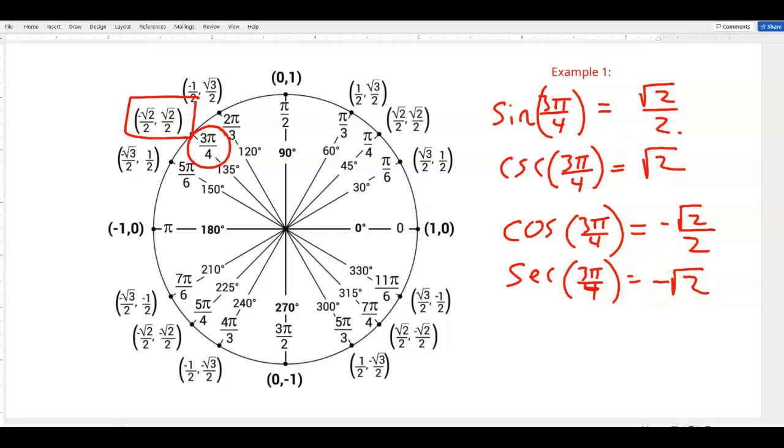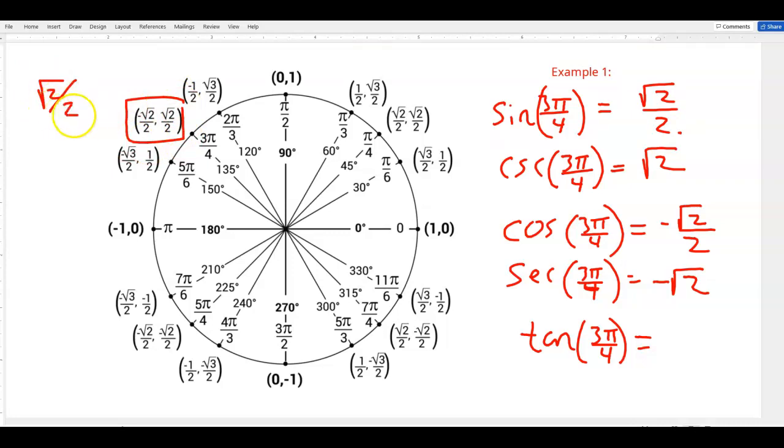Let's go ahead and do tangent. All right. Tangent is y over x. So what's my y value? Well, the y value is radical 2 over 2. So there's my y value. And what's my x value?